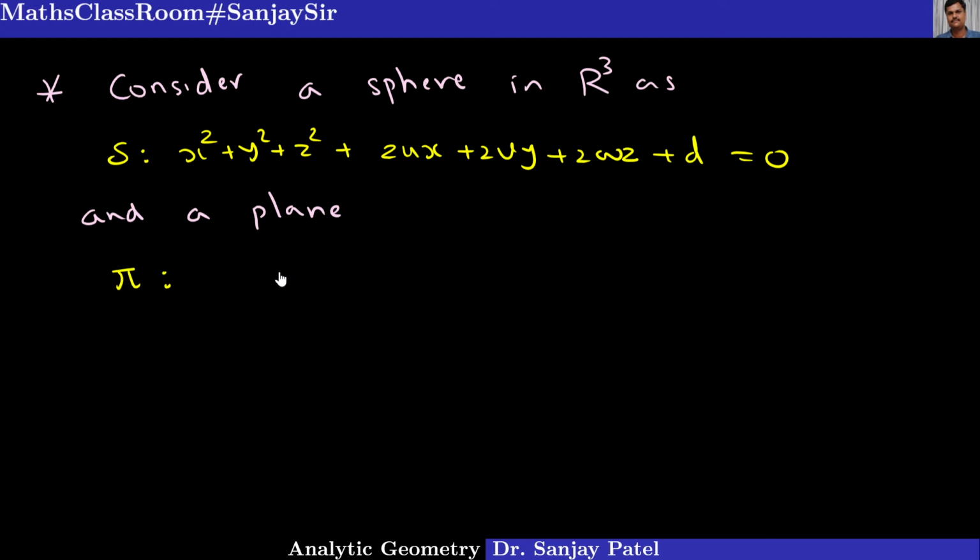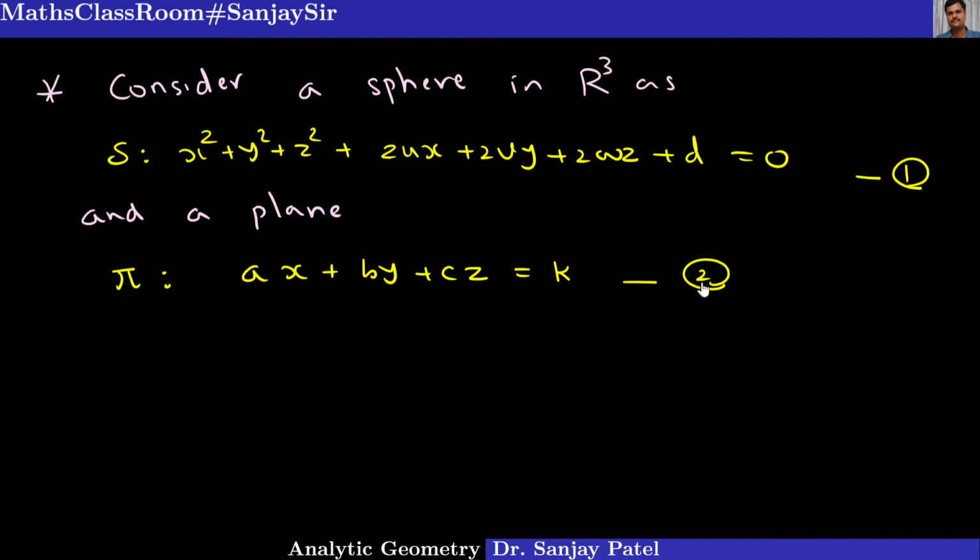Pi stands for the label for plane, and this equation of the plane I am taking as ax plus by plus cz is equal to k, because d is already used here. So we have these two equations. Equation number 1 is the equation of the sphere, and equation number 2 is the equation of the plane. Remember, both are sets of points. So we want to discuss the intersection of these two sets.